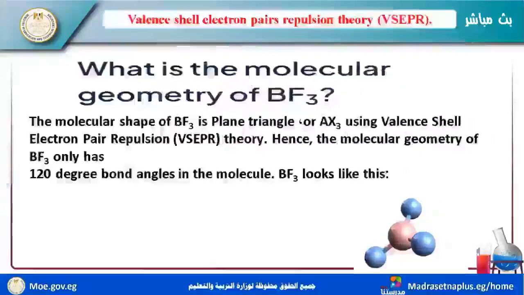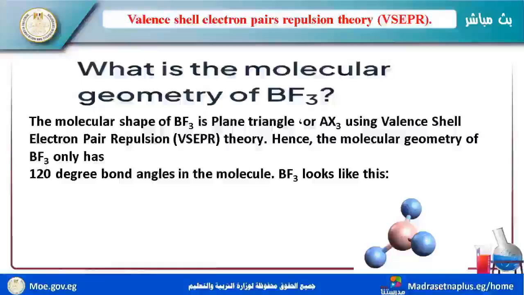Geometry shapes of BF3. We find BF3 in this shape as a triangle. Why? The molecular shape of BF3 is trigonal planar, or AX3, using valence shell electron pair repulsion, VSEPR theory.